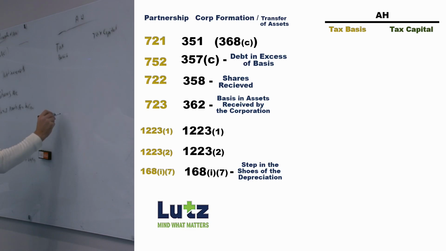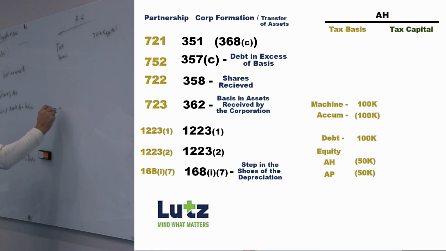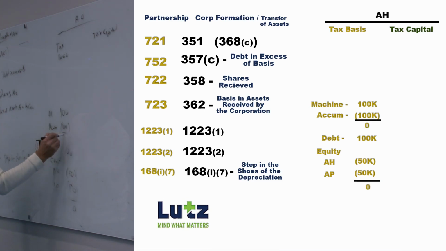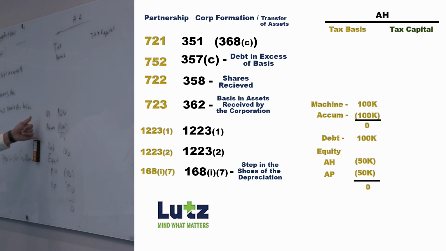And I'm going to say the balance sheet is a machine for 100,000 acquisition cost, accumulated depreciation of 100,000, and then equity for AH is -50, and for AP -50, and debt, excuse me, of 100. 0 and 0. Correct?